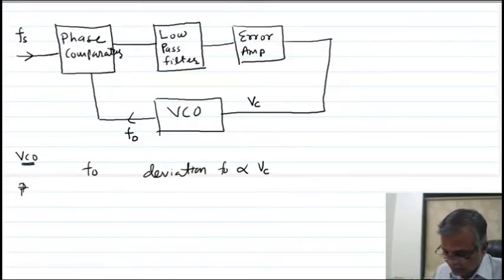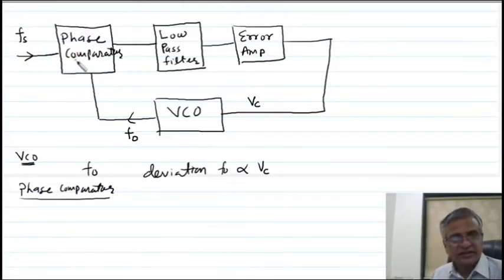Second, I want to discuss the phase comparator. Phase comparator is one kind of multiplier. It compares the frequency and phase of the incoming frequency Fs and the frequency FO of the VCO.